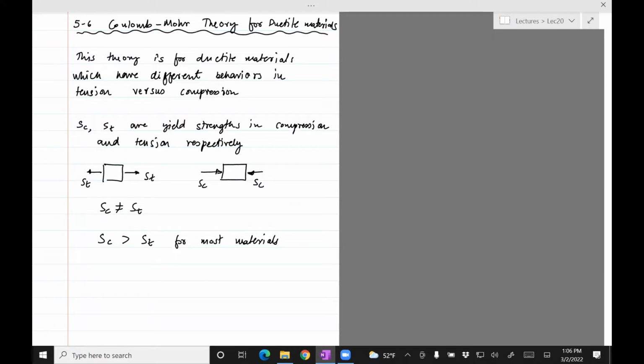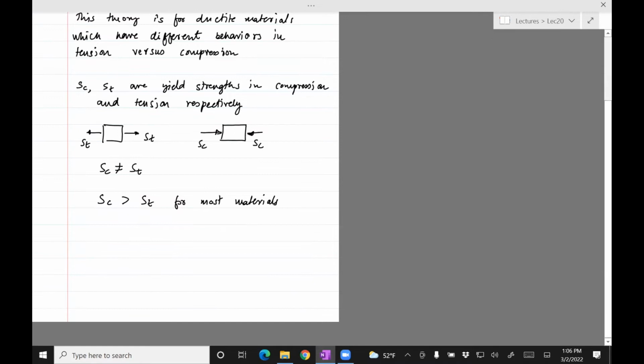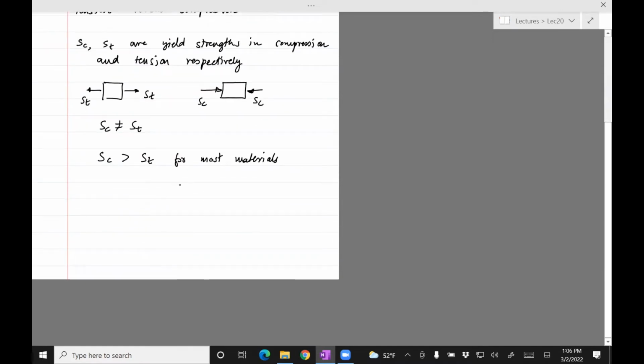So a simple way of considering this is to draw the Mohr circle for both those cases. Just like I drew a second back, I'll draw Mohr circle for both these cases. St is positive, so it's on the right-hand side of the sigma axis.